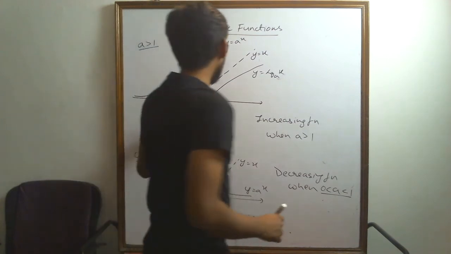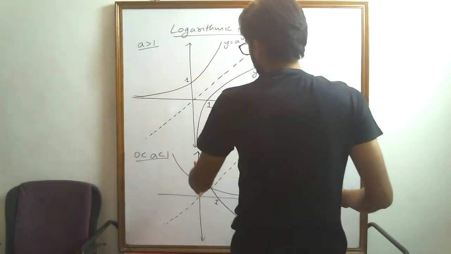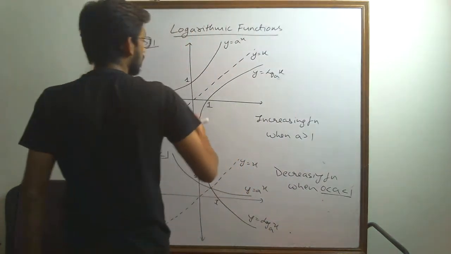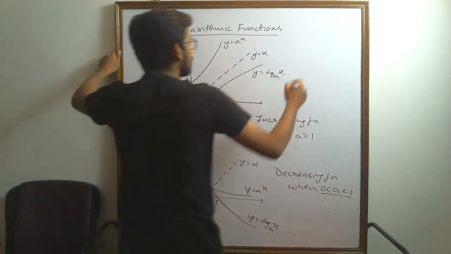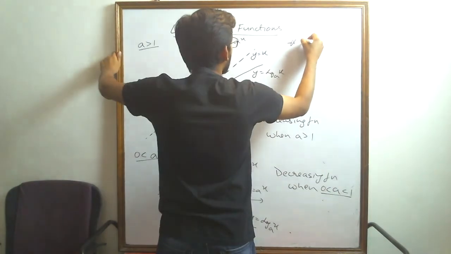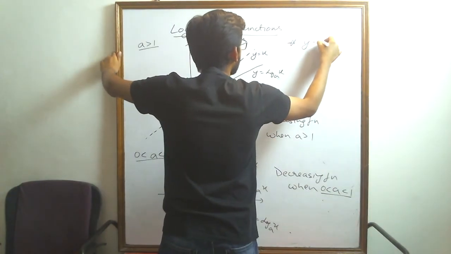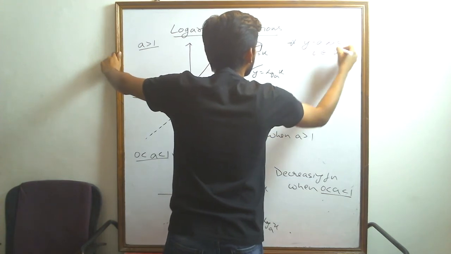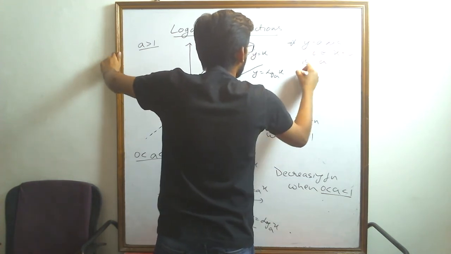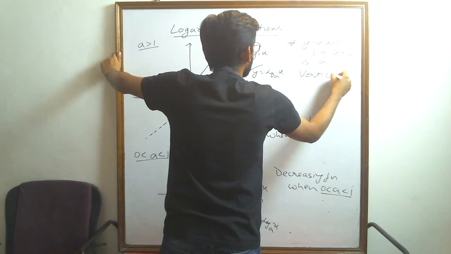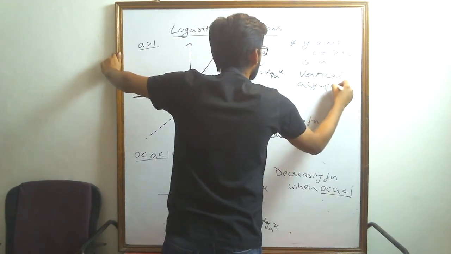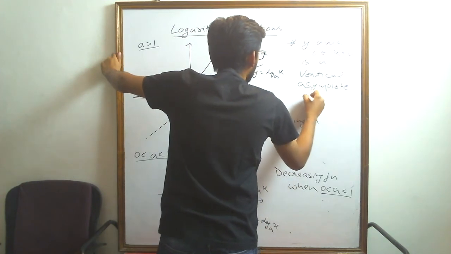Now we see that in both the cases, the y-axis is the vertical asymptote for the function. So y-axis, that is the line x is equal to 0, is a vertical asymptote of logarithmic function.